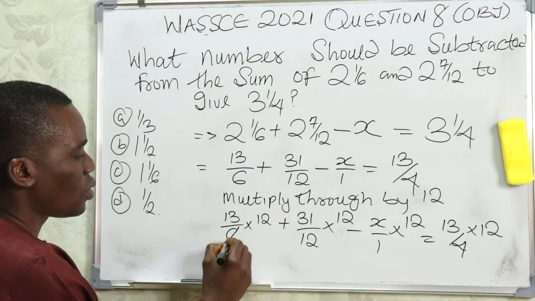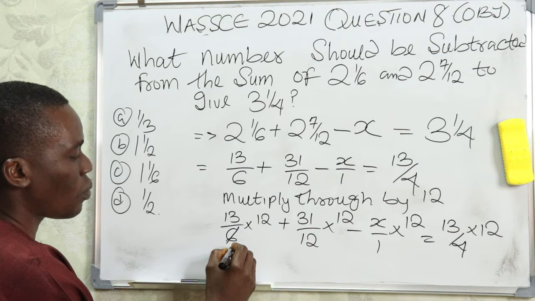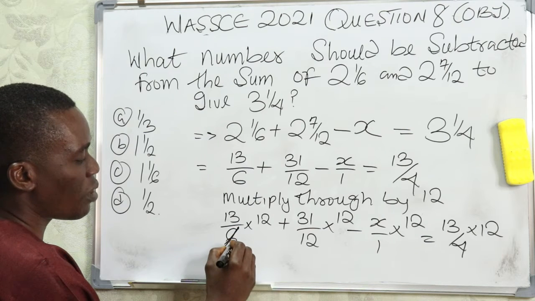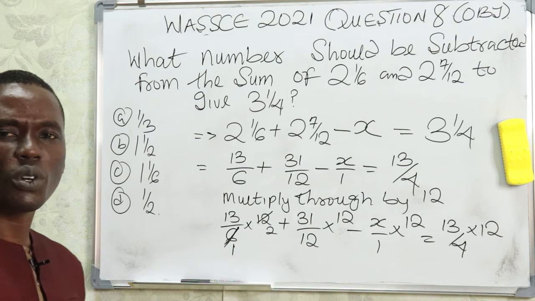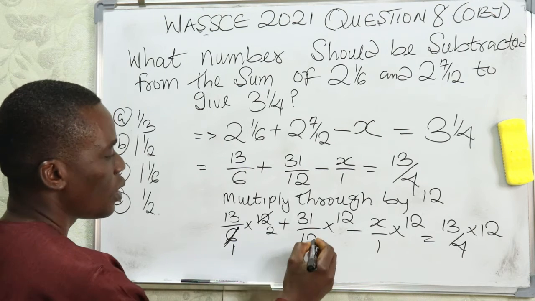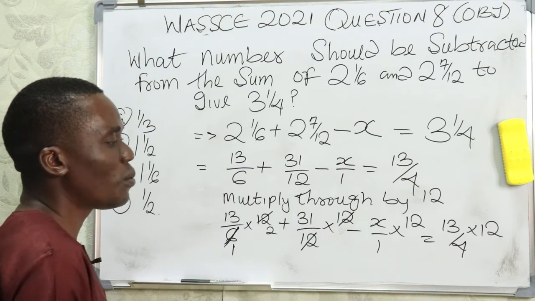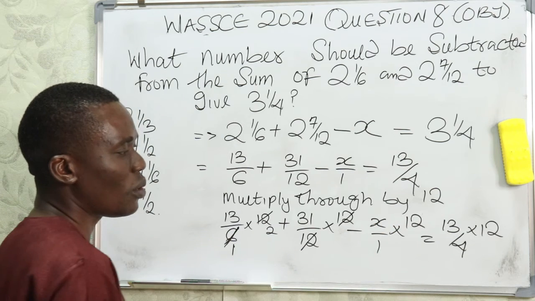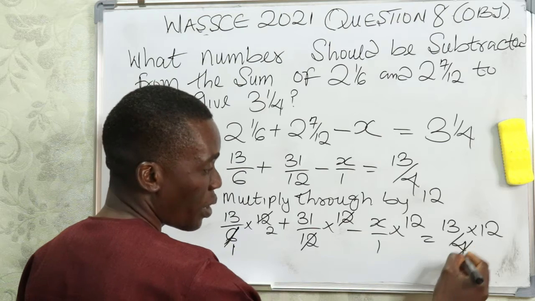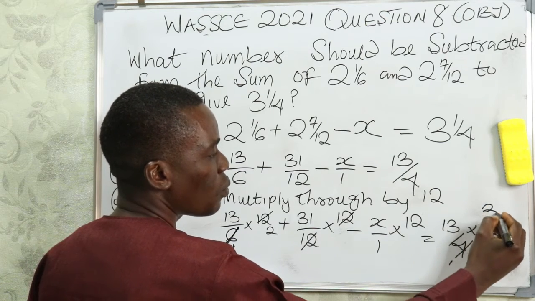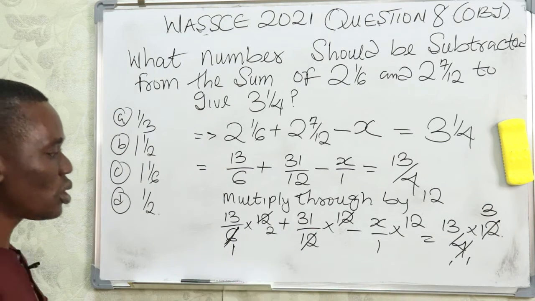Now 6 here will give us 1. 6 here will give us 2, right? Let's go straight, because 6 times 2 will give us 12. 12 will cut 12. Now this times this will give us 12x. Then 4 here 1, 4 here will give us 3. So you see, we've reduced everything.